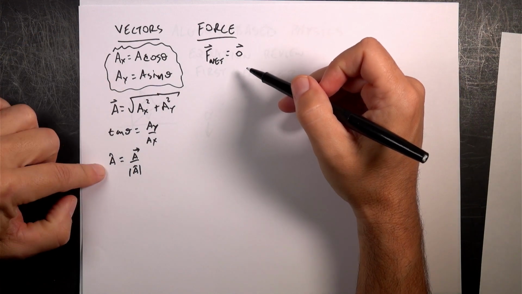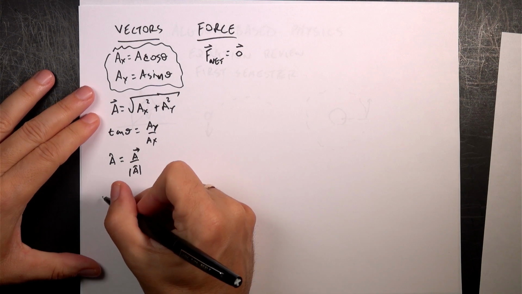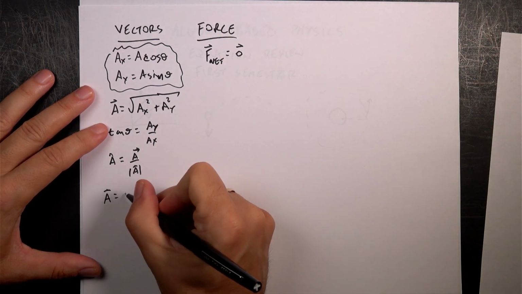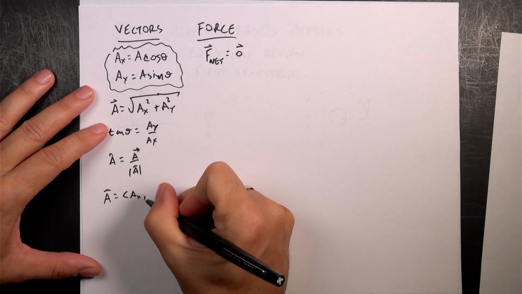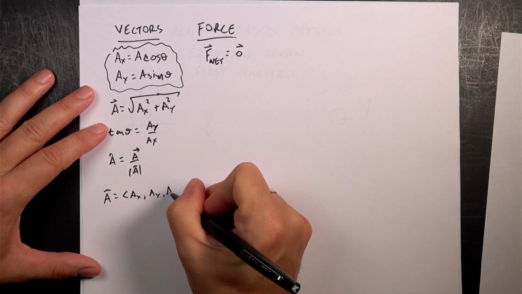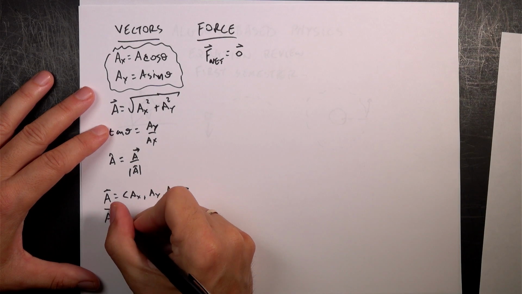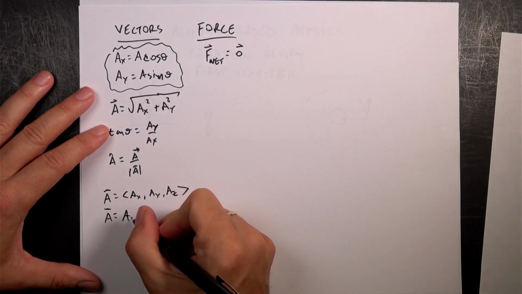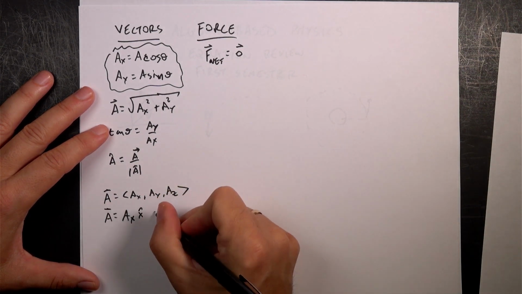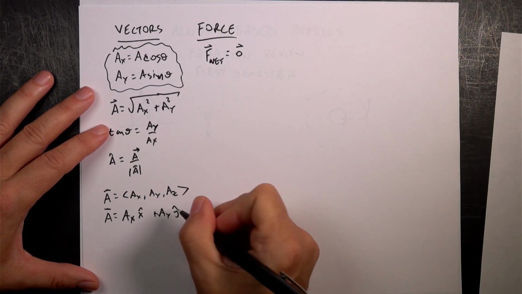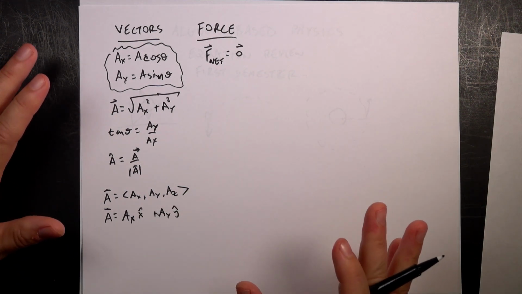Down here, I should write a couple of ways to write vectors. I can say A is Ax, Ay, Az in the x, y, and z components. You could write A as Ax x hat plus Ay y hat. Then you usually leave the z off. We don't do very many three-dimensional things.